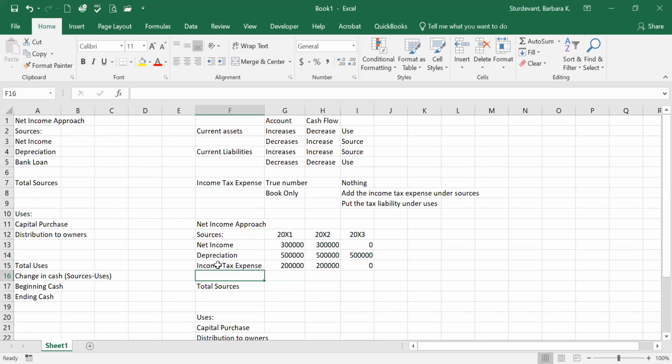Net income's on there, depreciation's on there. And because of the way this was written, the income tax has to be added. Only if you have a tax liability that you're going to go down in uses do you do this. All right, now let's go down to the bottom. Anybody have any questions on that part?